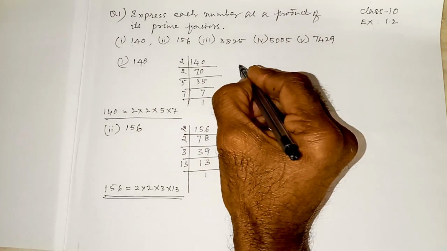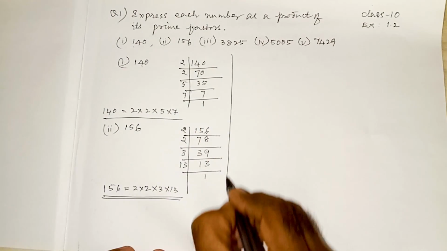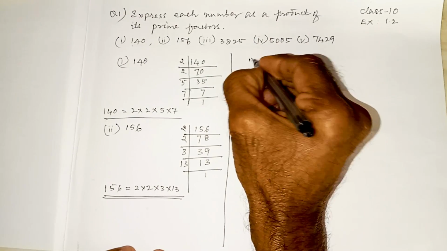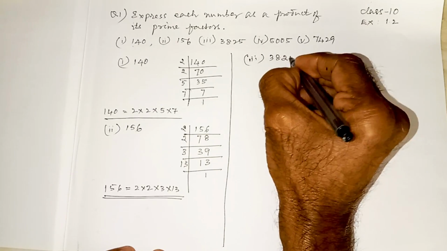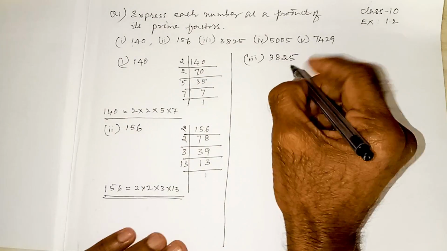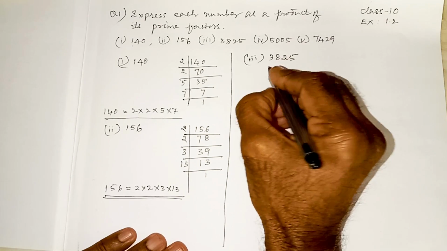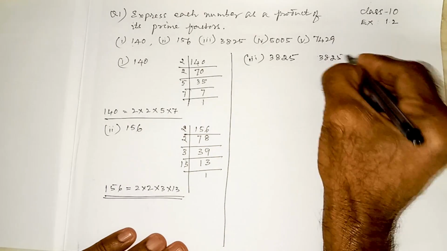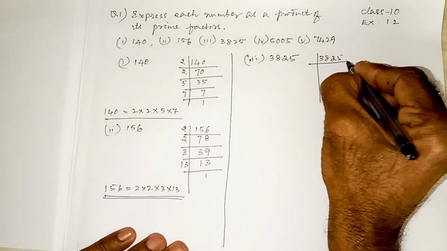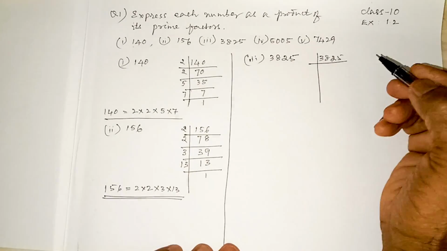The third one is 3825. Again we go with the factors. Let us take 3825. Put blocks like this. You can try with 3.